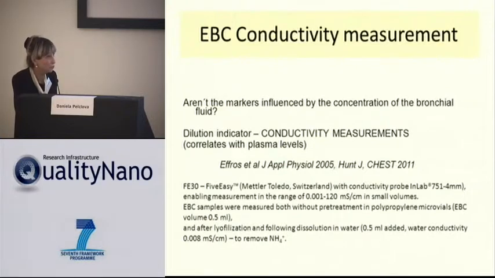So to solve the question, several ways were suggested, and most recently a dilution indicator, conductivity, was suggested, and it was also measured in our workers and controls by these described methods.